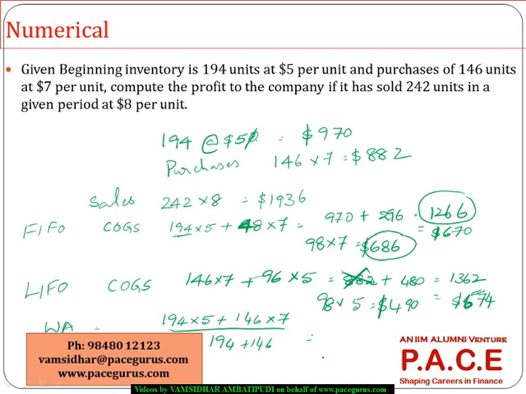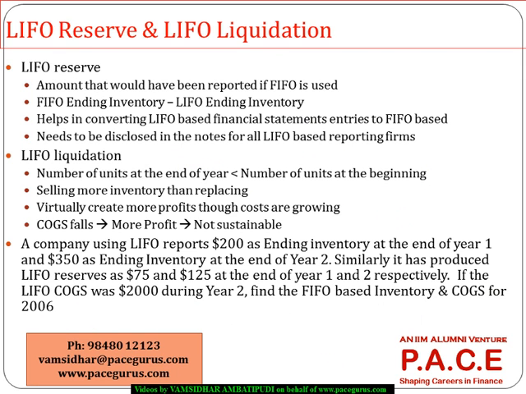Alright. Now, the next important concept to look at in this case is the understanding of LIFO reserves. What do we mean by this LIFO reserves? Any company can report its financial statements as per LIFO or FIFO or weighted average or specific identification method.